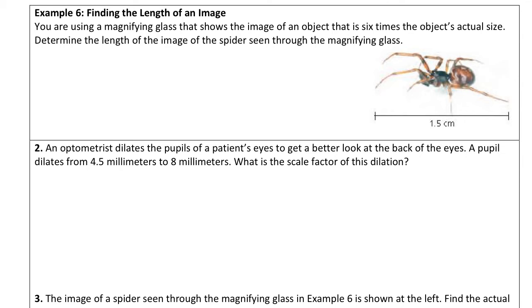Now, we want to see what it would look like in the magnifying glass. So for me, to find that, this is an enlargement, right? The magnifying glass is going to enlarge the image of the spider. So 6 times its actual size, I would take its actual size, 1.5 times 6.